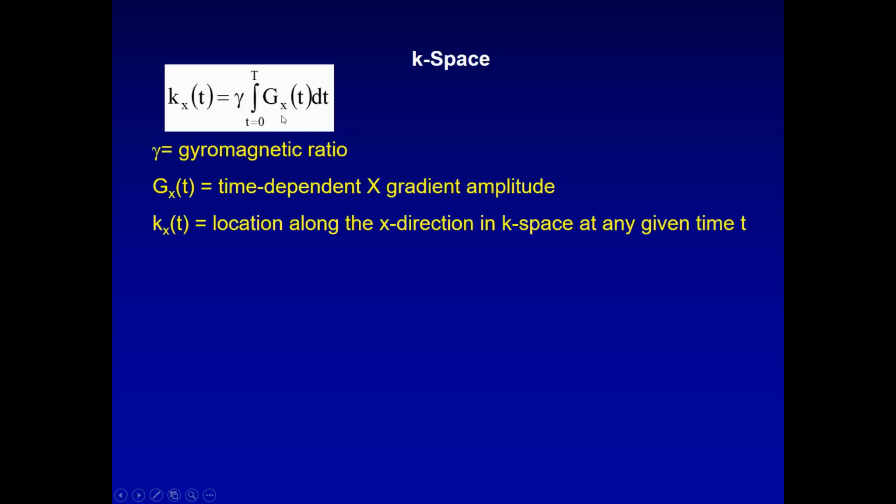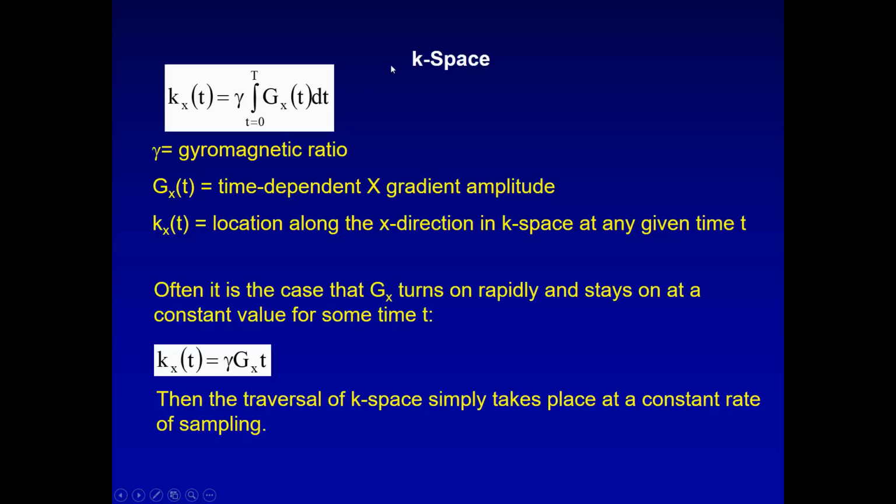Now this gradient function can be anything, but typically for imaging, it's flat. We turn it on and we turn it off. So typically this equation has Gx at a constant for all of the time that the gradient is turned on. So Gx is no longer a function of time, it's just Gx.